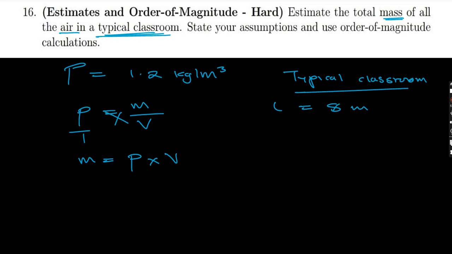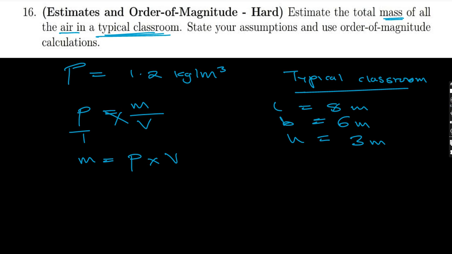A classroom can maybe be up to 10, so I pick 8. Then the breadth can be maybe 6 meters, which is the width, and the height of the classroom can be 3 meters there. It is enough for a classroom.